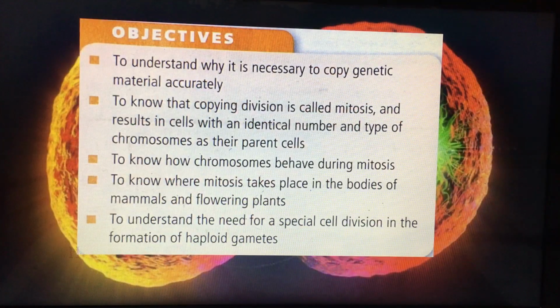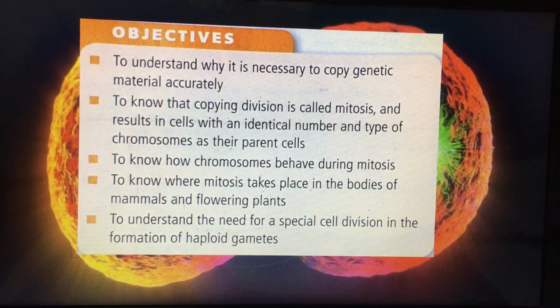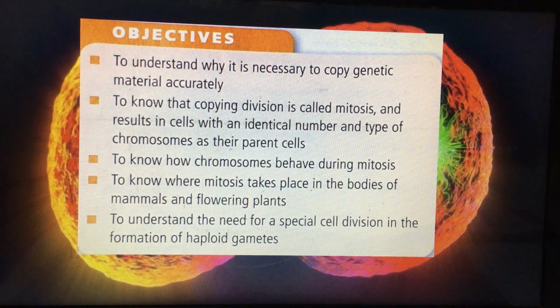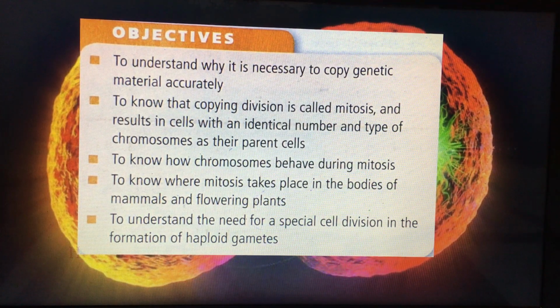So, here we have the main objectives of this video. Actually, in this video, we are going to understand why it's necessary to copy genetic material. And also, we will know that copying division is called mitosis and results in cells with an identical number and type of chromosomes as their parent cells.